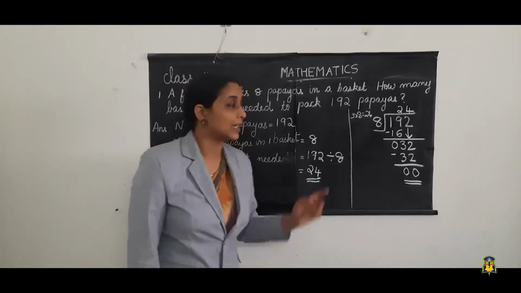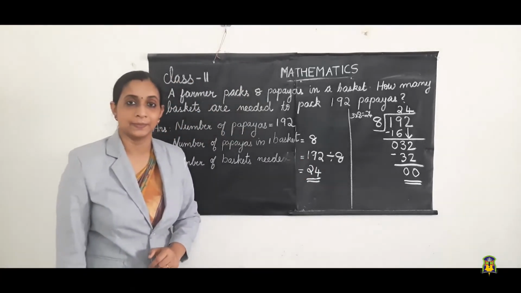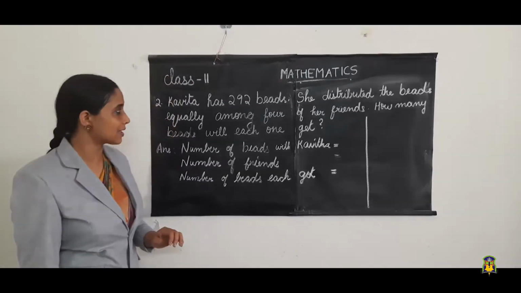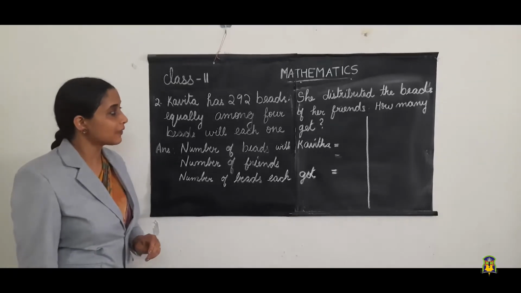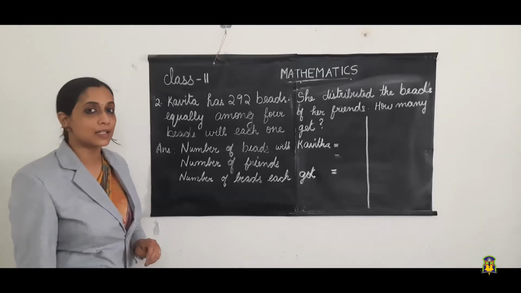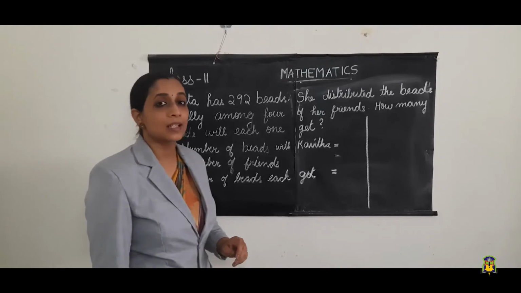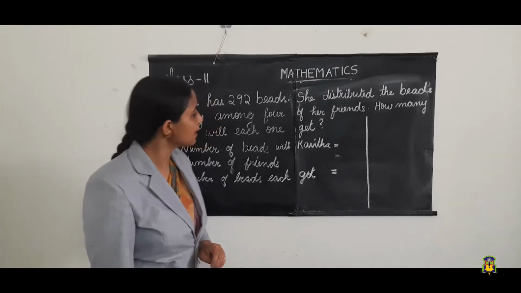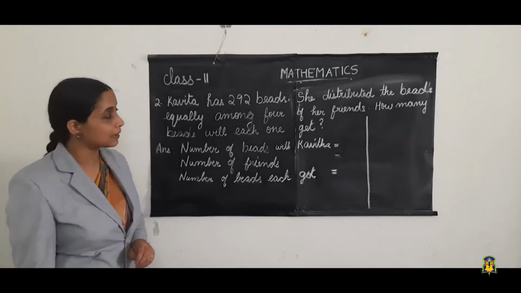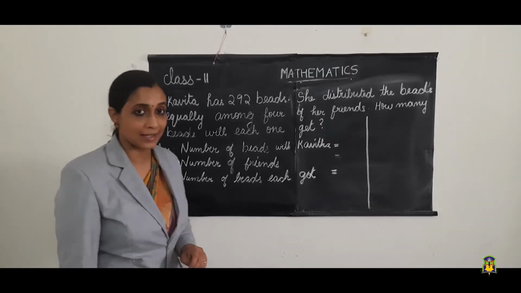Now let us see the next question. Kavita has 292 beads. She distributed the beads equally among 4 of her friends.